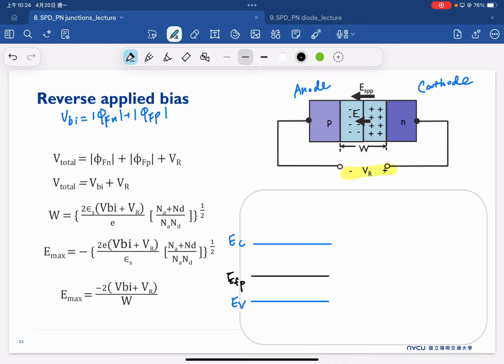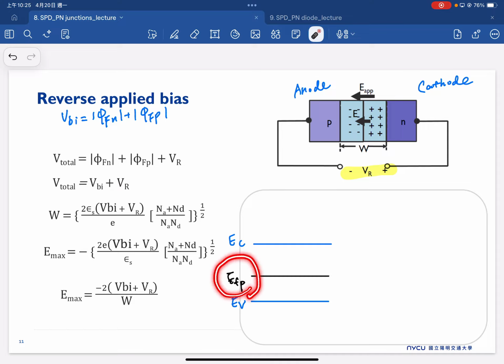And again, now we have the N type, but the only difference here is that we have to be aware that this is not under equilibrium, which means the Fermi energy in the P and N is not the same. So we have to use a quasi-Fermi energy, where we use EFP here.